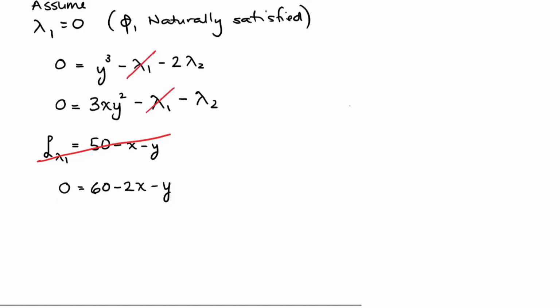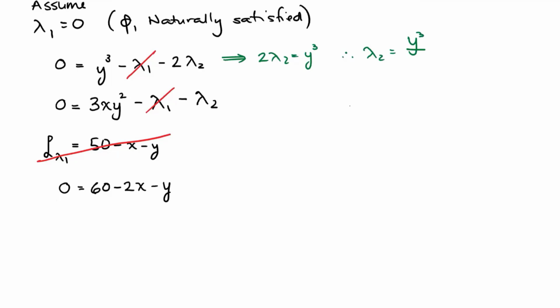So from our first equation here, I have 2 lambda 2 would be equal to y cubed. Therefore, lambda 2 is equal to y cubed divided by 2. From our second equation here, I have lambda 2 is equal to 3xy squared. So now I set lambda 2 equal to lambda 2.